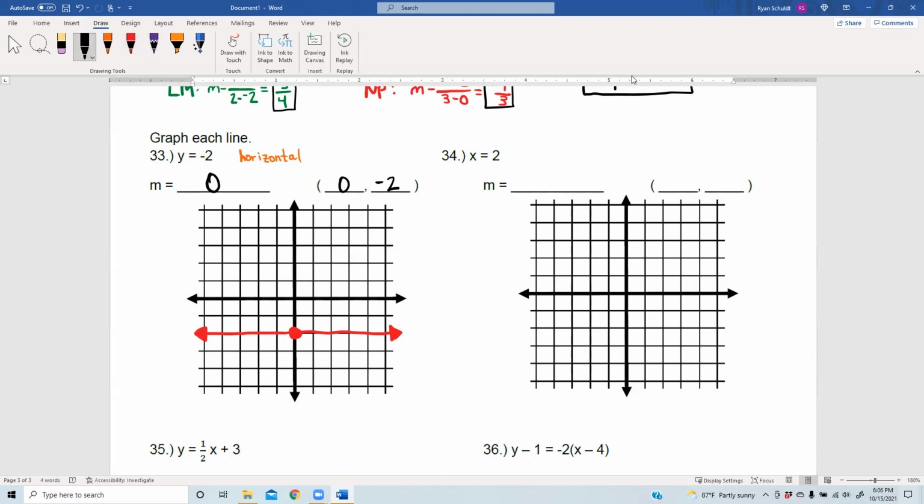Okay, next one. X equals 2. Well, there's only one kind of line that starts with an X. It's one that's vertical. And if it's vertical, that tells us that our slope is undefined. So I need to start at 2, 0. That's where I'm going to put my point, at 2, 0. And then I'm going to draw a vertical line to the best of my ability.